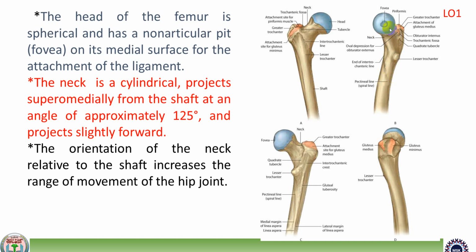This is the so-called angle of anteversion. So the orientation of the head and neck relative to the shaft is actually an angle both in the anteroposterior view, called the neck shaft angle, and also if we look from the lateral view we see the head and neck a little bit anterior in comparison with the shaft. This is called the angle of anteversion. These angles are important for increasing the range of movements of the hip joint.